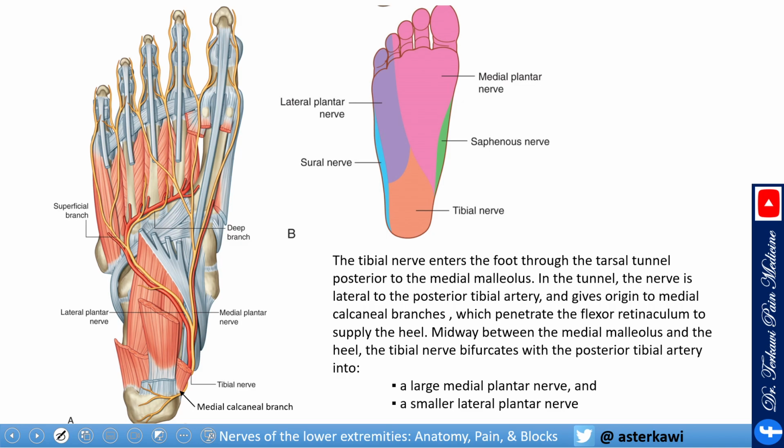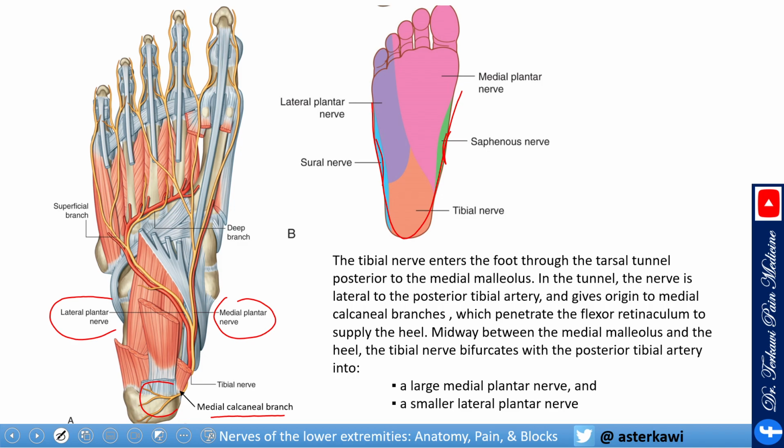So here, this is just looking from below. This is the medial calcaneal branch, as you see. And then here you have the medial plantar nerve and the lateral plantar. If you look at the sole or the plantar aspect of the foot, it is very much all supplied by the tibial nerve, except a very small area here by the saphenous and a very small area here by the sural.